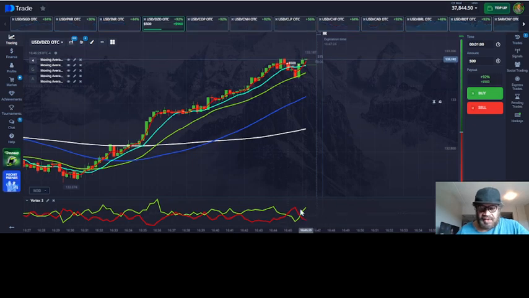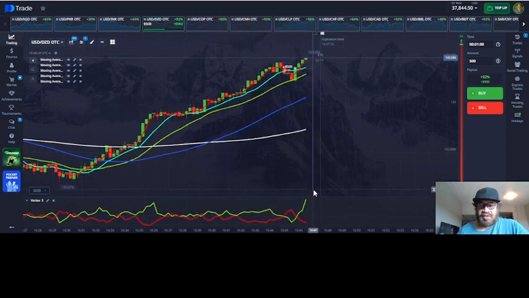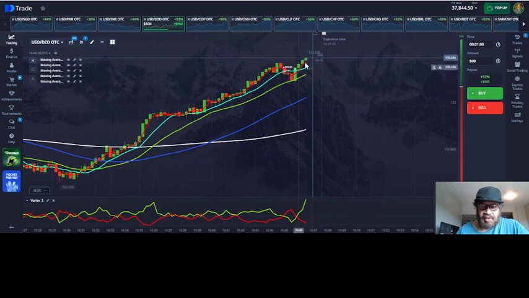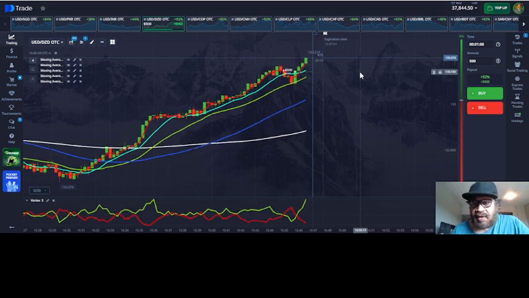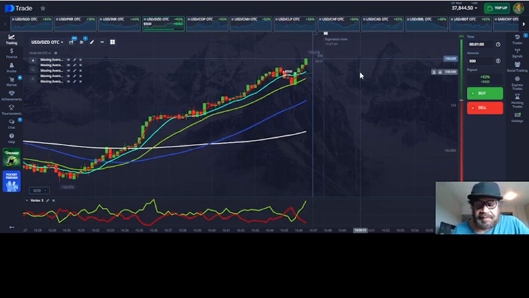And then the vortex, the cross of the plus VI line and the minus VI line in an upward direction. So this suggests a bullish push to the upside here over the next 60 seconds. So let's monitor this trade and wait for the expiration.